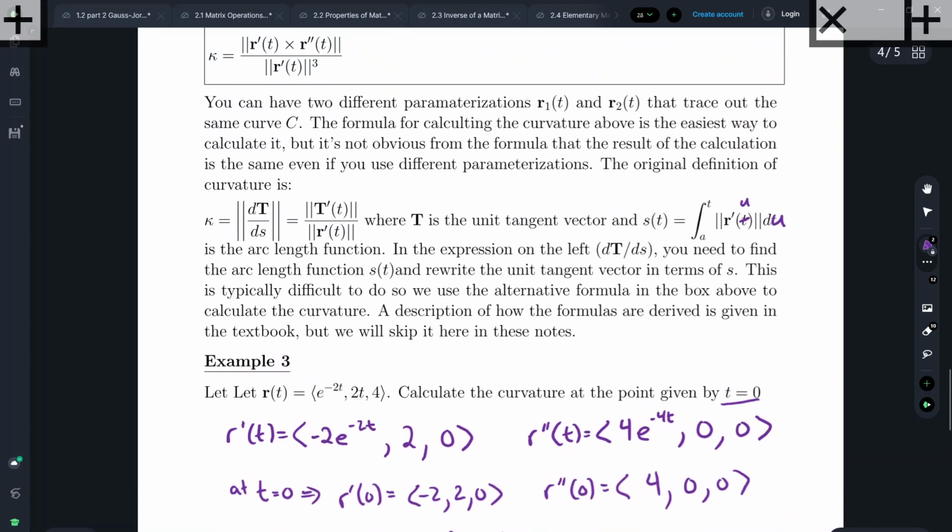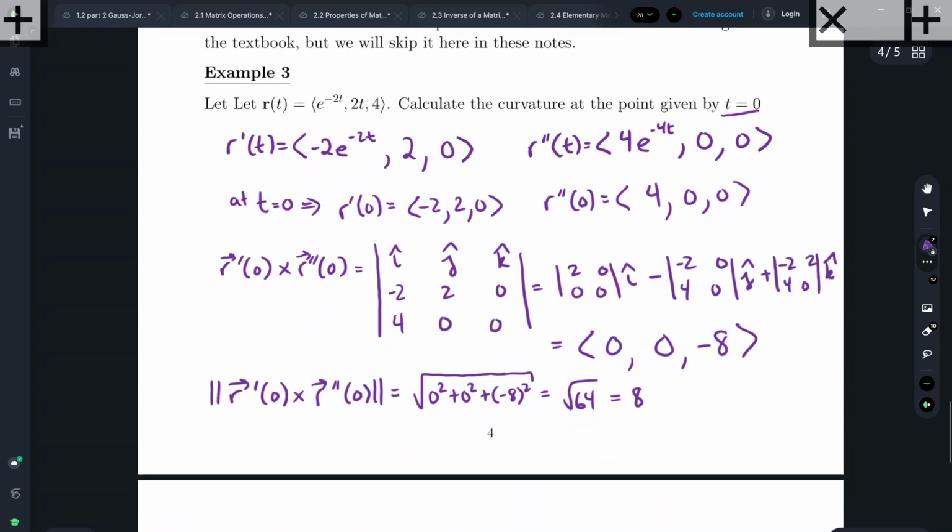In the denominator, I have the magnitude of r prime to the third power. So what is this? You have the sum of the squares, but the magnitude has a square root, which is to the 1/2 power, and that's also raised to the third power, so the whole thing is going to be to the 3/2 power, right?